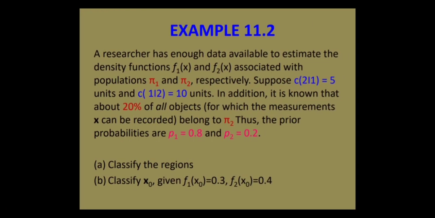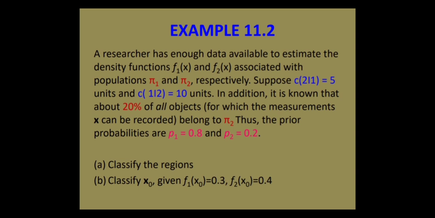Contohnya, for example, page 583, example 11.2. Okay. A researcher has enough data available to estimate the density function f1x and f2x associated with the population of pi1 and pi2.